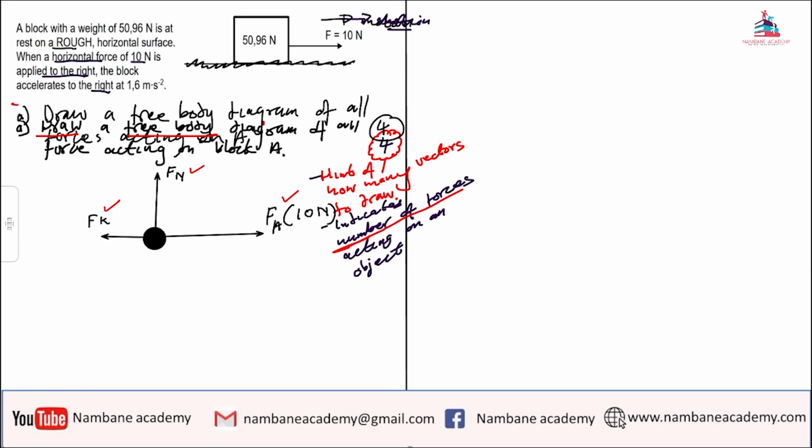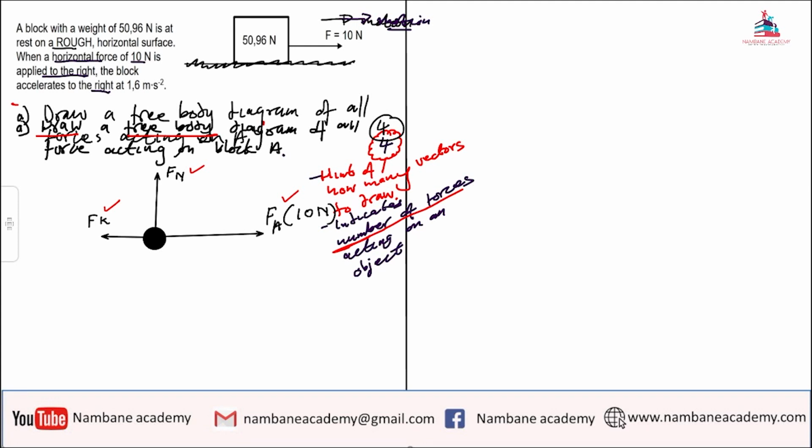Is it not the static frictional force? Thank you very much. Now remember, static frictional force means friction when the object is stationary. So this object is moving. The fact that the object is moving means it will have kinetic frictional force.